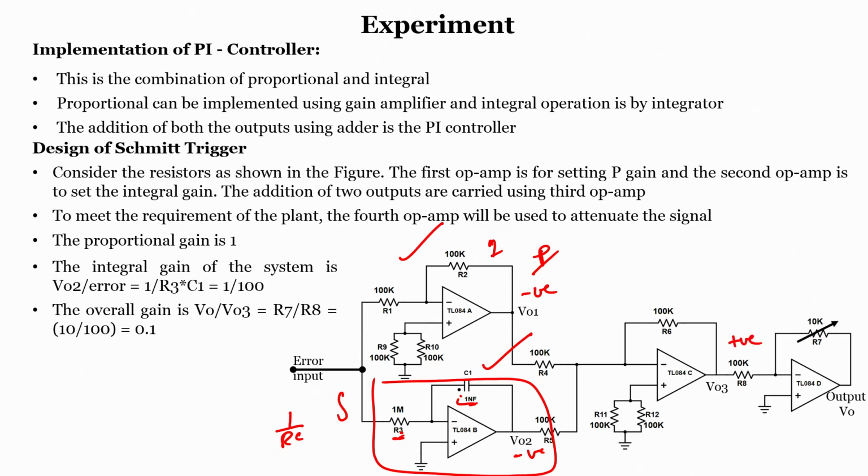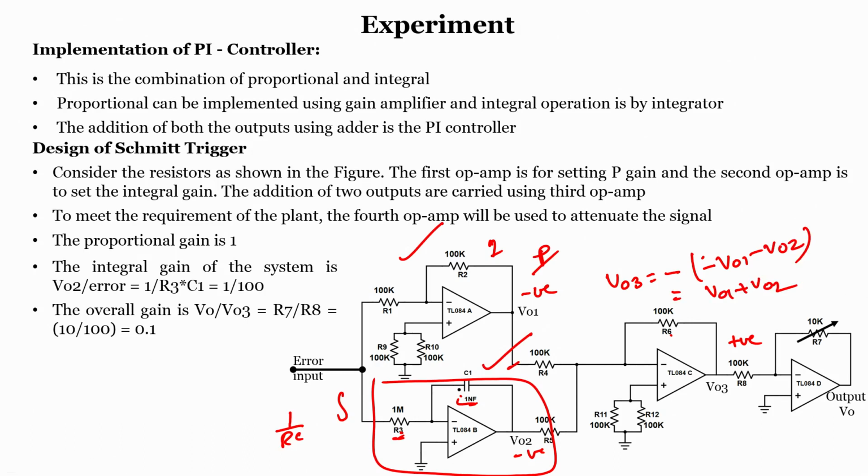If this is V01 and V02, V03 will be minus of R6 by R4; since both have the same resistance value, the gain is 1, minus of minus V01 minus V02, which is nothing but V01 plus V02.